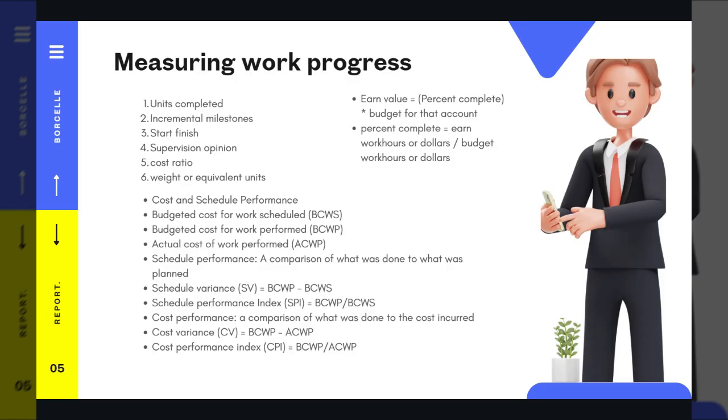Some important information is that on the examination date, the variables of earned value, planned value, and actual cost usually come either in their new nomenclature or in the old one, which is the budget cost for work scheduled, BCWS, which means the planned value, and BCWP is the earned value, the budgeted cost of work performed.